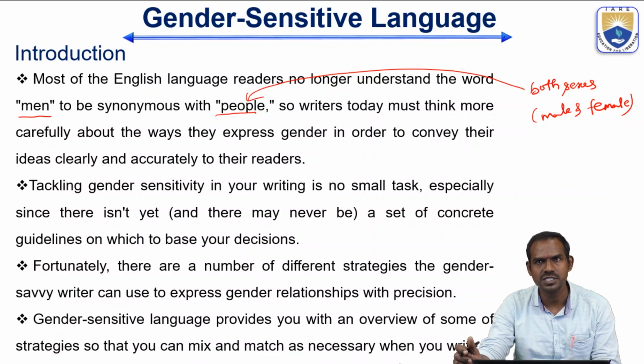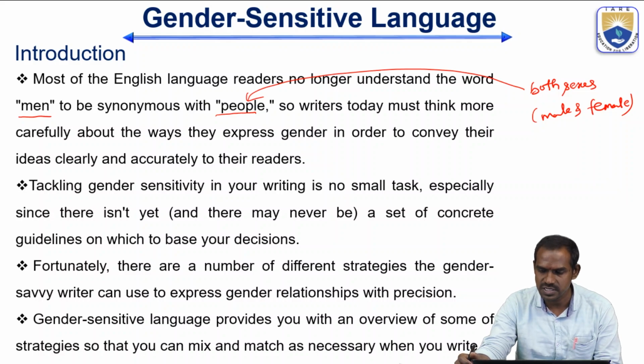What is the fortunate thing? There are a number of different strategies the gender savvy writer, meaning the writer of gender sensitive language, can use to express gender relationships with precision, with accuracy. Gender sensitive language provides you with an overview of some of the strategies so that you can mix and match as necessary when you write.